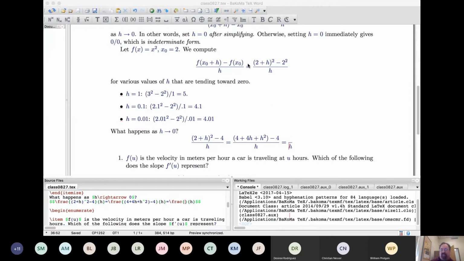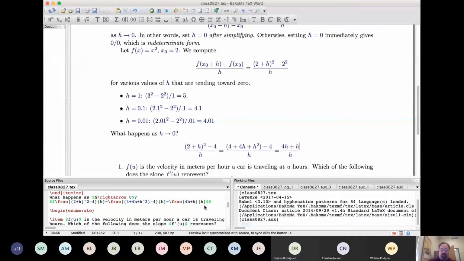You would take the h out, and so it would be 4 plus h. Before I can do that, there's something else I have to do first. In the numerator, just focus on the numerator. Yes, the 4's cancel out. Yes, that's what I was looking for. So we have 4h plus h squared.